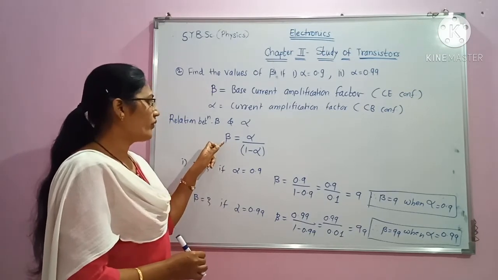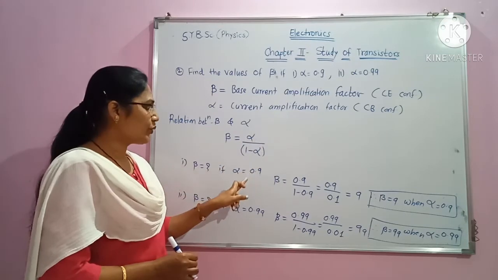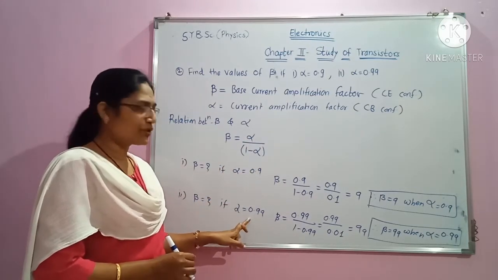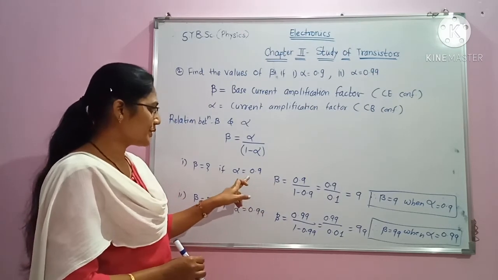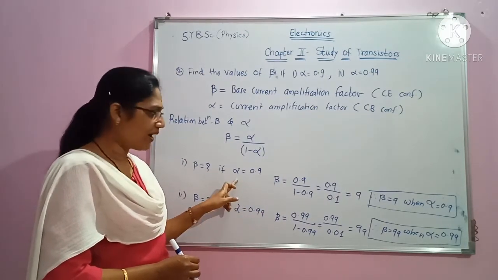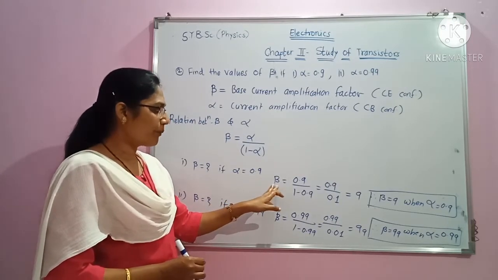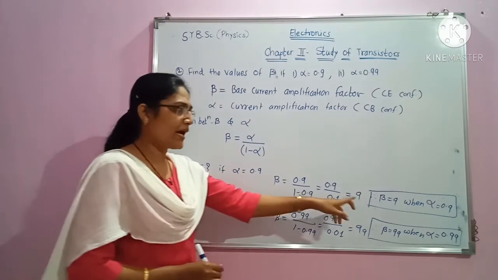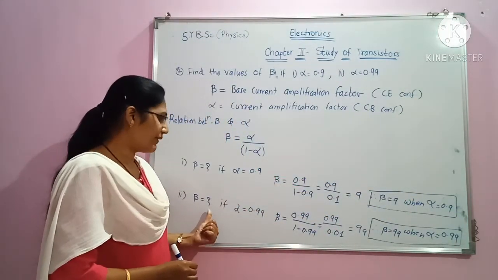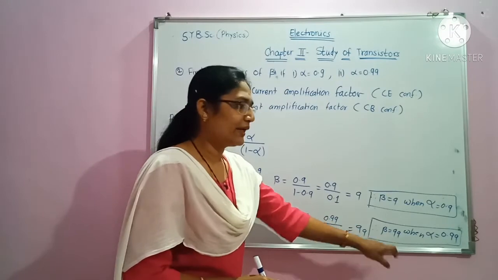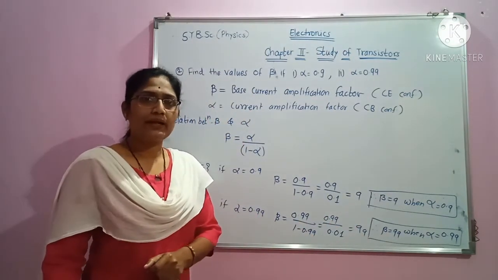We had to calculate the value of beta when alpha is 0.9 and when alpha is 0.99. So we substituted the respective values of alpha in the formula, and we obtained beta as 9 when alpha is equal to 0.9, and beta as 99 when alpha is given as 0.99.